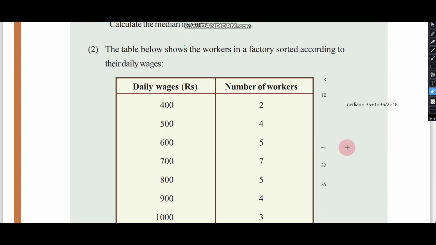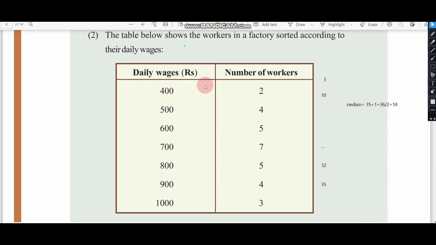Our next question is, the table below shows the workers in a factory sorted according to their daily wages. 400 to 500, 500 to 600, like that. So how do we find this?